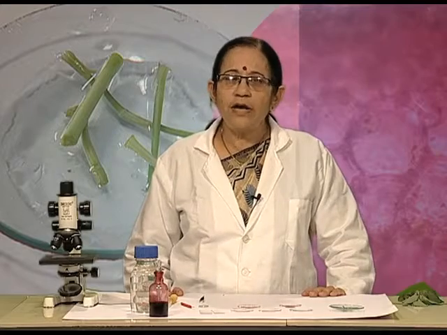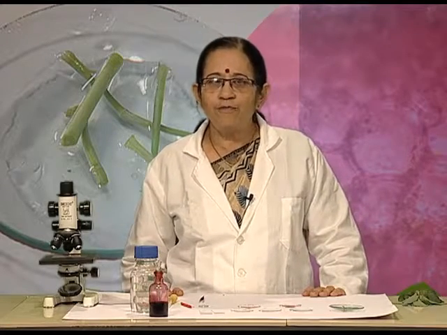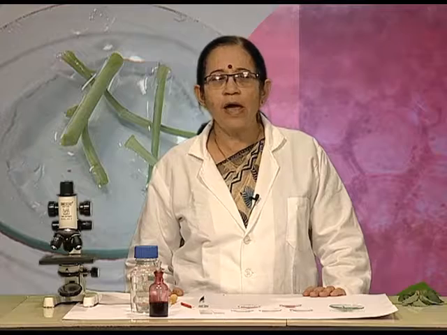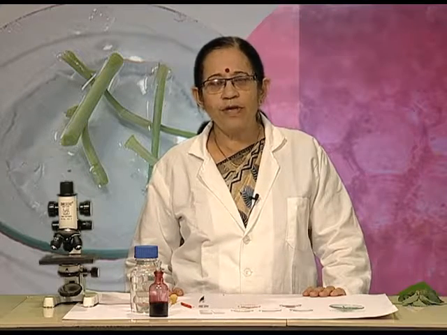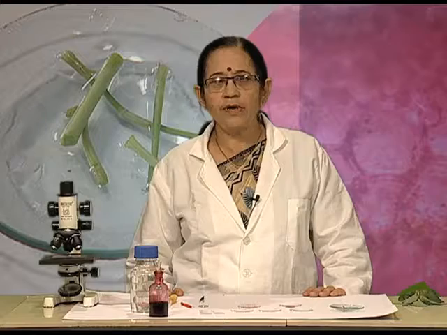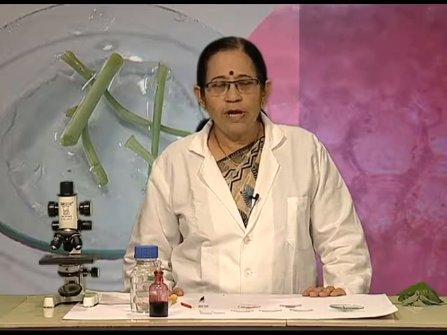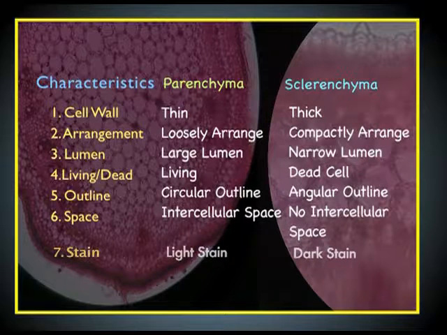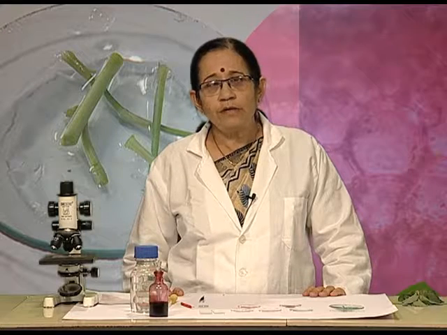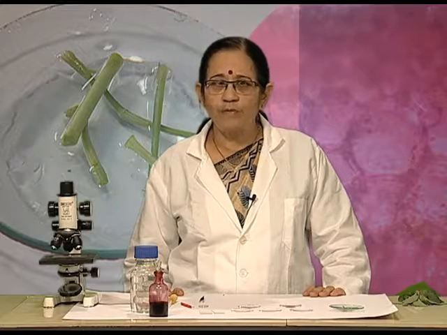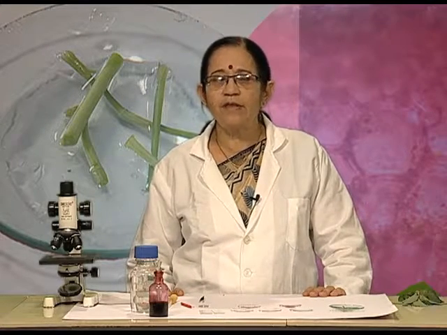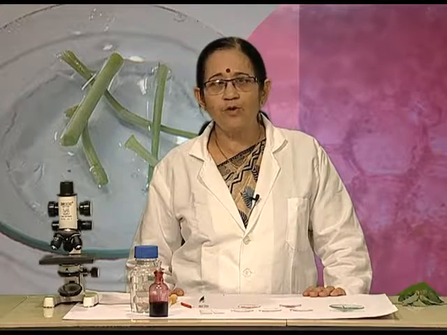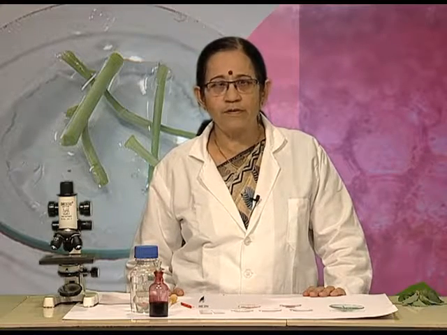So, in short, we can differentiate between parenchyma and sclerenchyma on the basis of certain characteristics. Number 1, parenchyma cells are thin walled, sclerenchyma cells are thick walled. Parenchymatous cells are loosely arranged and have intercellular spaces. Sclerenchymatous cells are compactly arranged and do not have intercellular spaces.